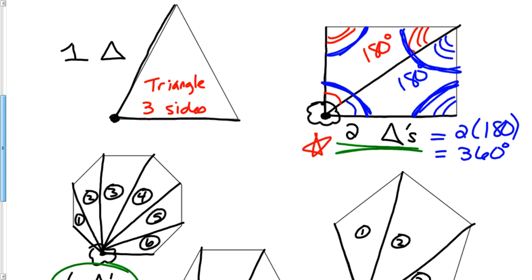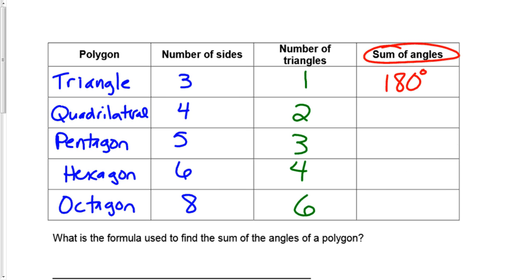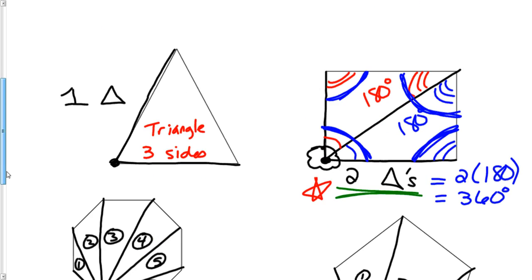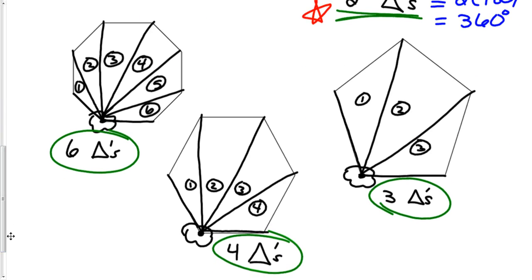So back to our table, we know the angles inside a quadrilateral will add up to 360 degrees. We've actually talked about that one before. So let's move on to our pentagon. For our pentagon, again, I have 3 triangles.